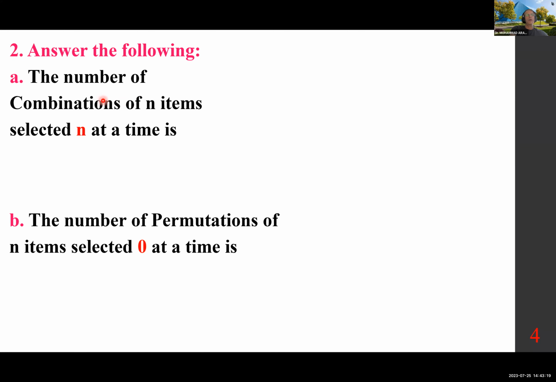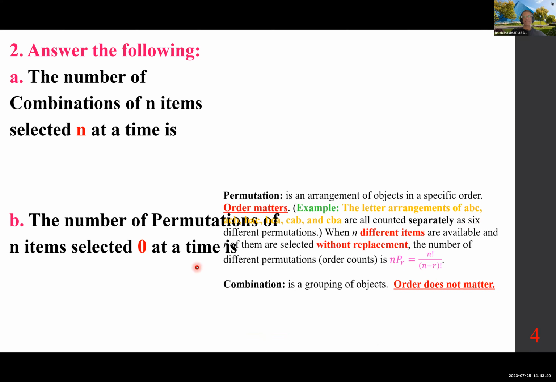The number of combinations of n items selected r at a time is, well, and the number of permutations of n items selected r at a time is. We want to calculate those, so let's refresh everyone's memory about both concepts, permutation as well as combination.